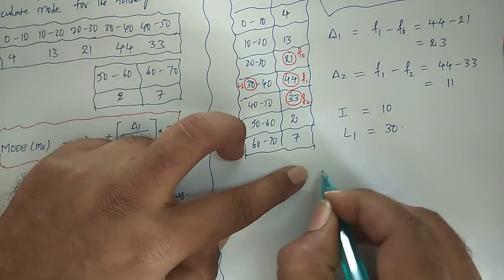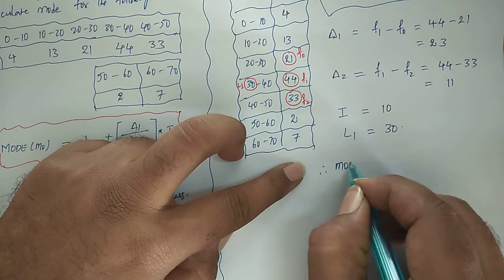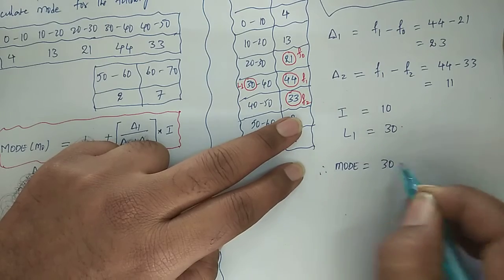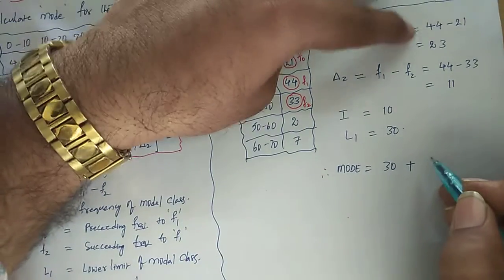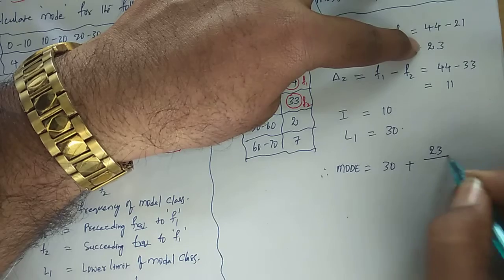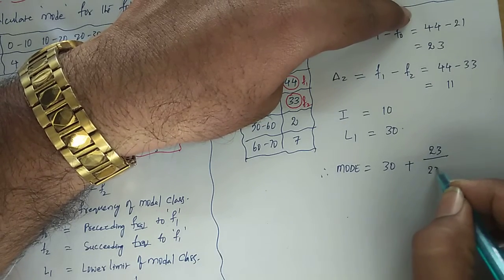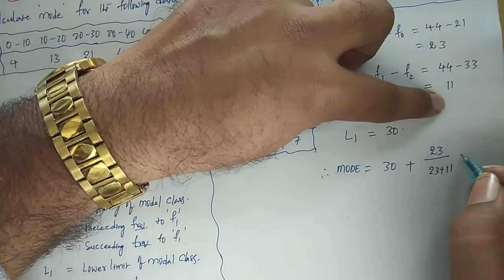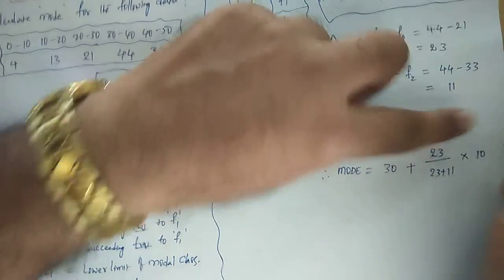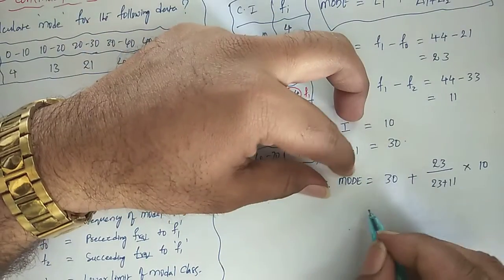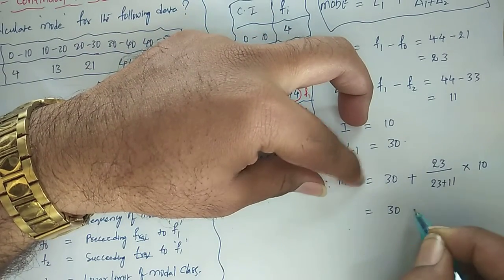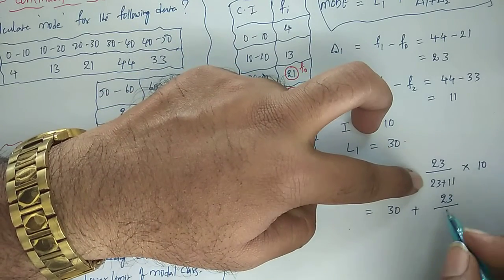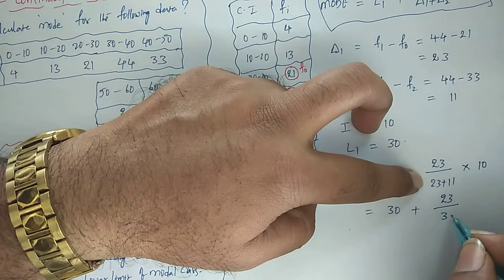Okay. Therefore mode, so what you get now? L1 that is 30 plus delta 1 how much? 23 by, okay, 23 plus 11 into 10. So how much you will get? 30 plus 23 by 34.